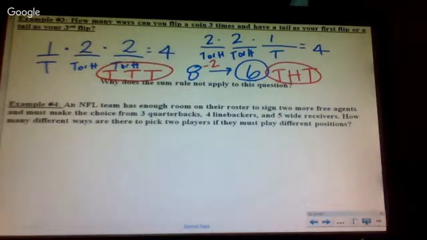You have an overlap. Why does the sum rule not apply to this question? You have options that satisfy both rules. So anytime you have options that satisfy both rules, you cannot use the sum rule.